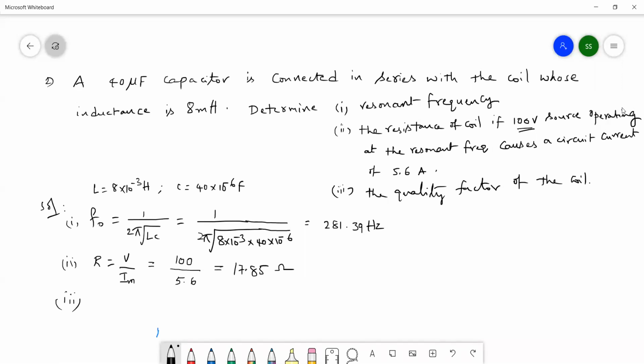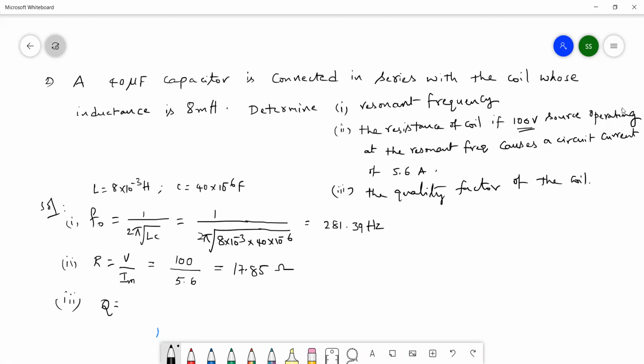What is the third question they are asking? The quality factor of the coil. What is the formula for quality factor? I gave three formulas, right? So here you have all the parameters. R value is there, L value is there, C value is there, F naught value is there.